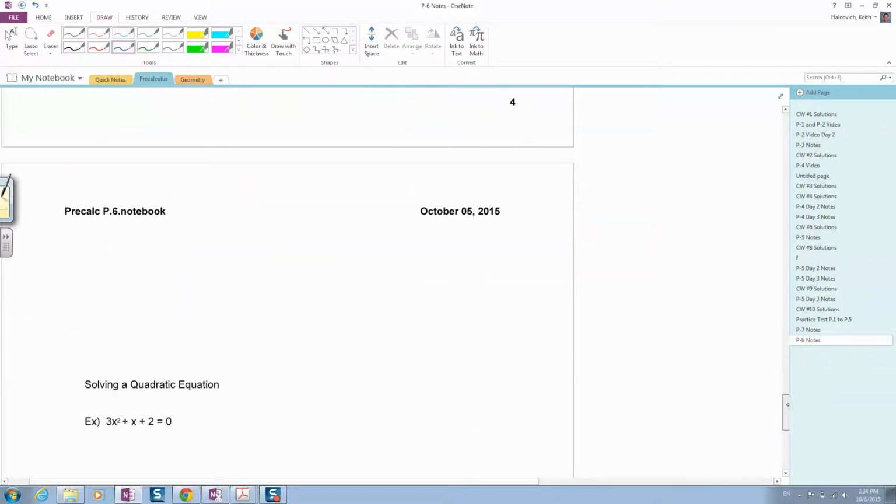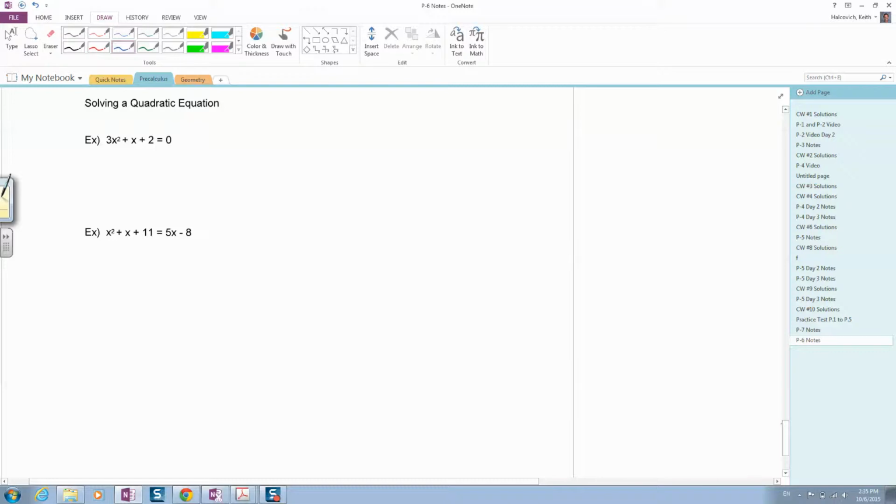Alright, last, using complex numbers to solve a quadratic equation. So we're going to use the quadratic formula. a equals 3, b equals 1, c equals 2. So negative b plus or minus the square root of b squared minus 4ac all over 2a.